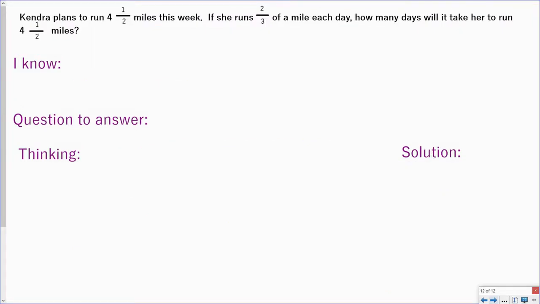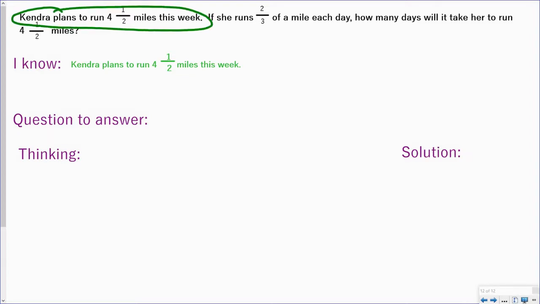Then this question here says, Kendra plans to run 4.5 miles this week. If she runs 2/3 of a mile each day, how many days will it take her to run 4.5 miles? So again, what do I know? I know that Kendra plans to run 4.5 miles this week. And again, I find that in my problem right there.